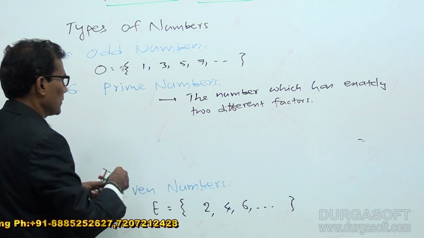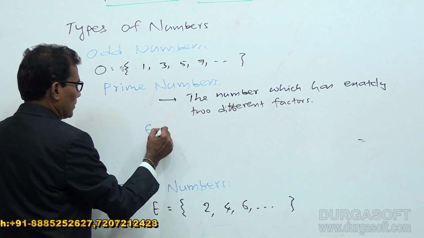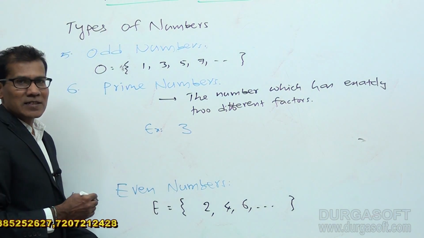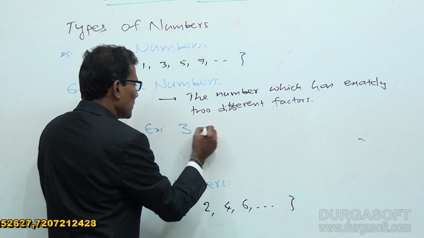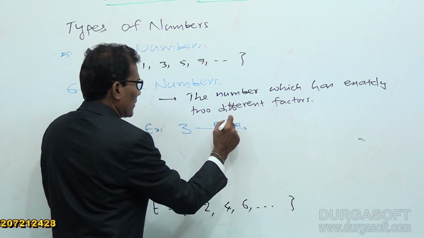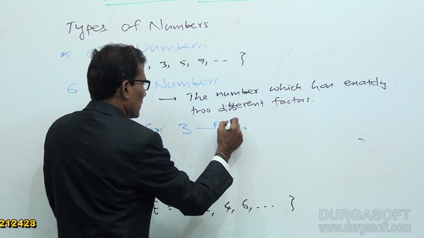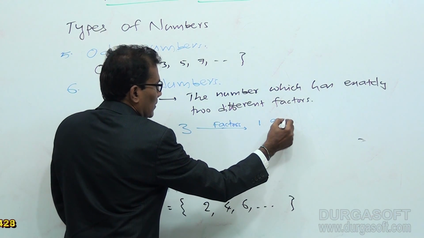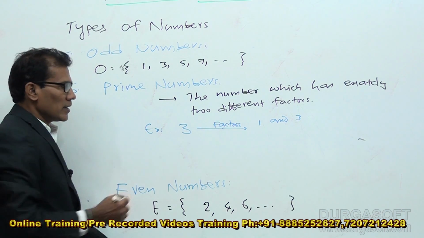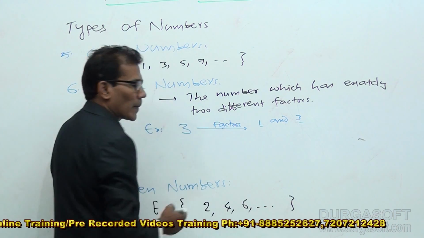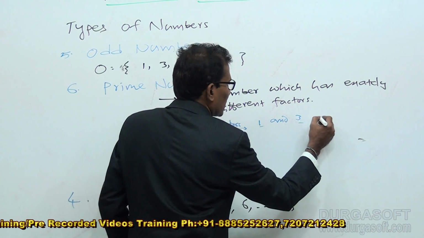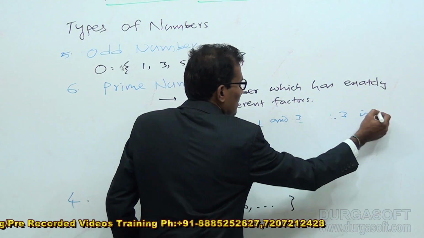Say for example, if I take a number 3, how many factors does it have? The factors of 3 are 1 and 3. This is divisible by 1 and it is divisible by 3. Here these are the two different factors. 3 is a prime number. Therefore 3 is a prime number.